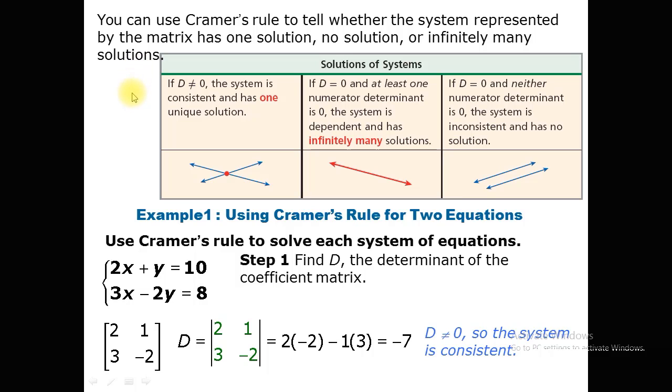Since we have learned in the previous lecture that the solution of a system of non-homogeneous linear equations has three possibilities: maybe the system has one solution, maybe the system has no solution, or maybe the system has infinitely many solutions. If the system has at least one solution, then the system is called a consistent system, otherwise the system is called an inconsistent system.